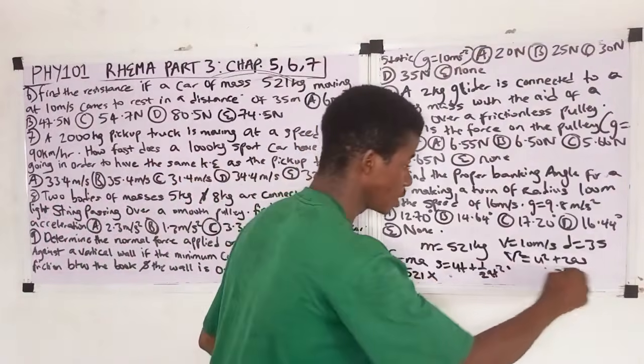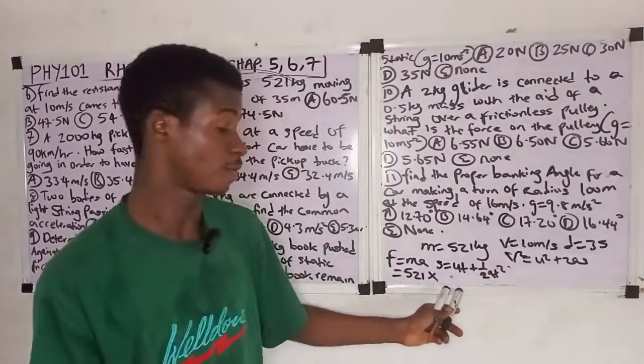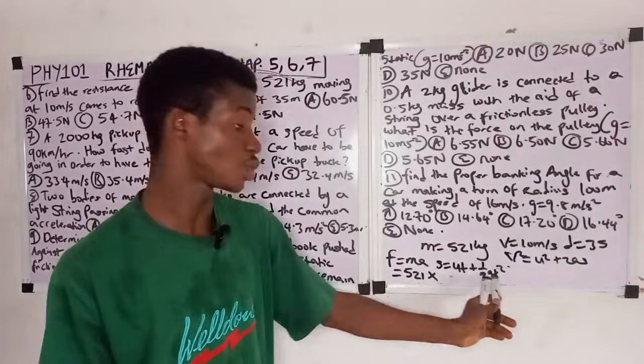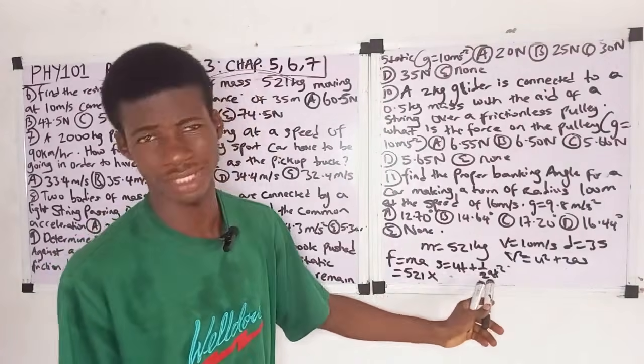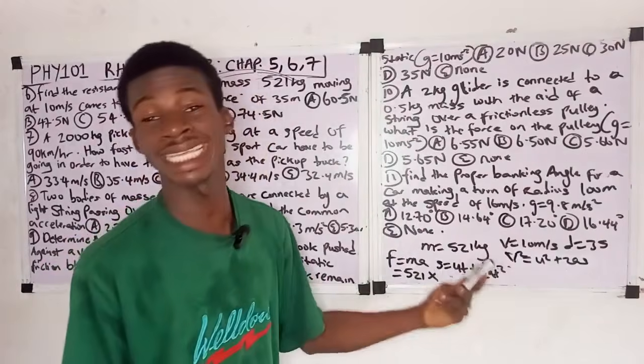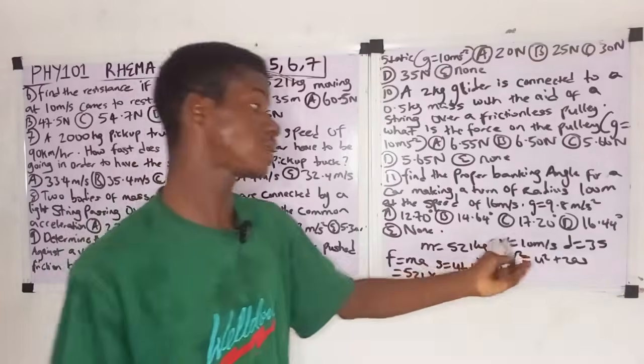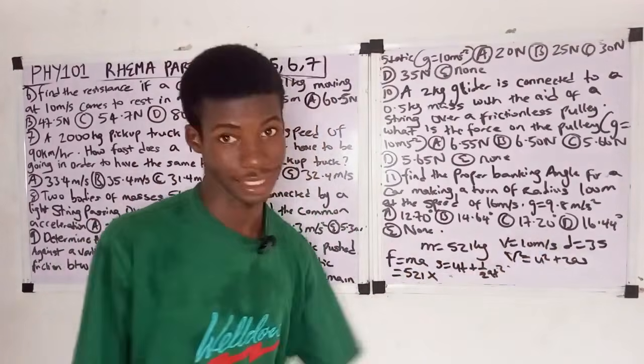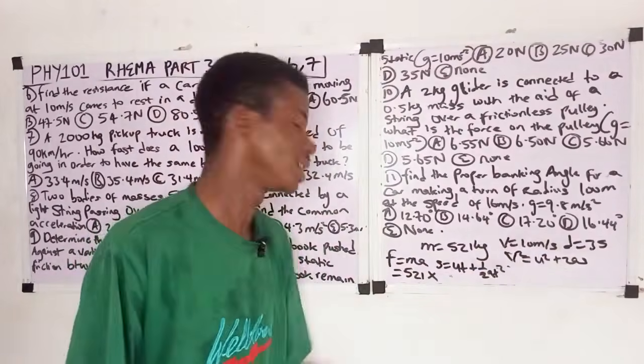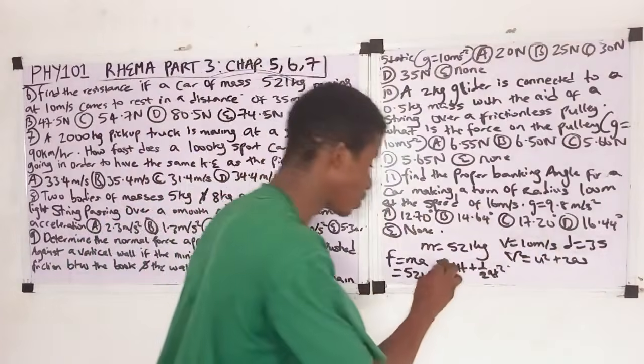We are looking for acceleration, and they didn't give us time in the question. But we can also use velocity and distance to look for time, then use that time to look for acceleration. It's a long process, so we are not going to use this one.